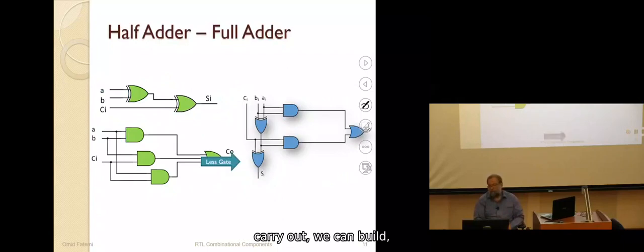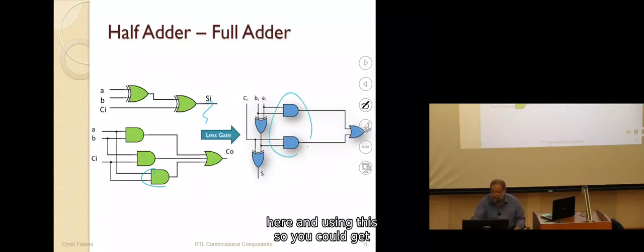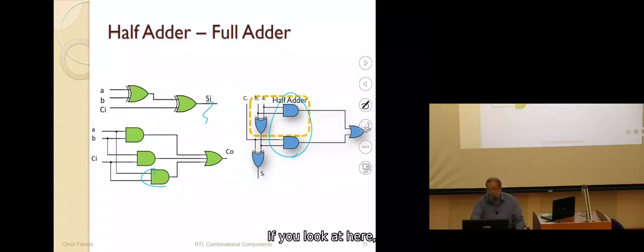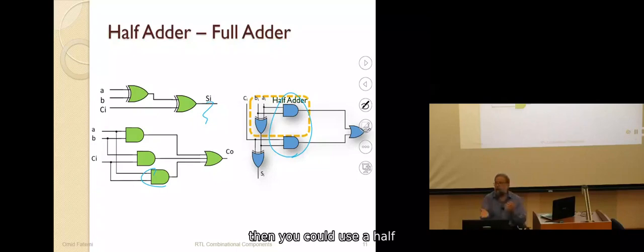So we can build this. You can just change something here and using this, you could get a less gate circuit with 2 ANDs, 2 XOR, 2 ANDs, and 1 OR. So this is the full adder circuit. If you look at here, there is another adder without CI. If you don't have CI at the first stage, then you could use a half adder.